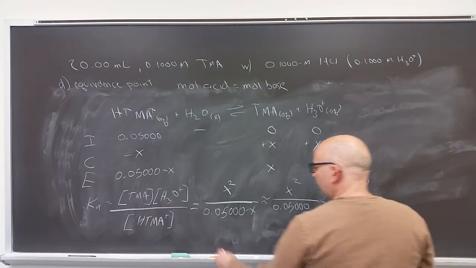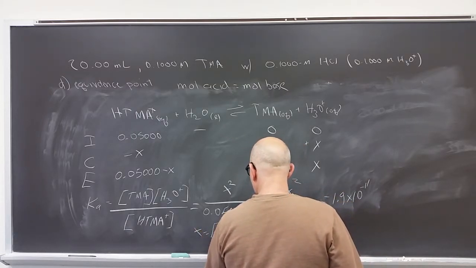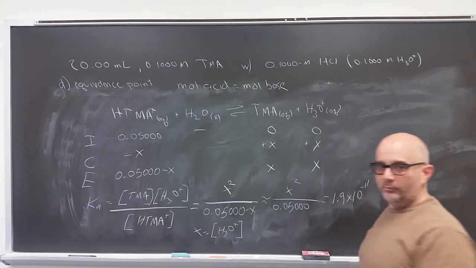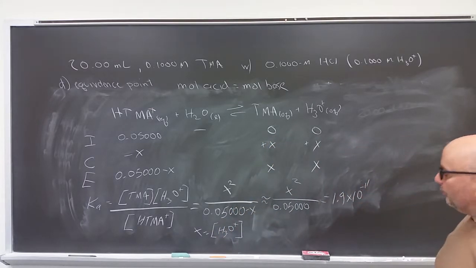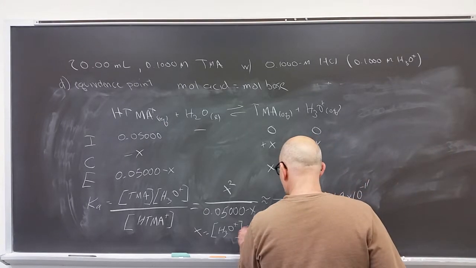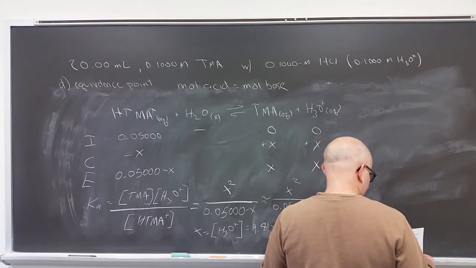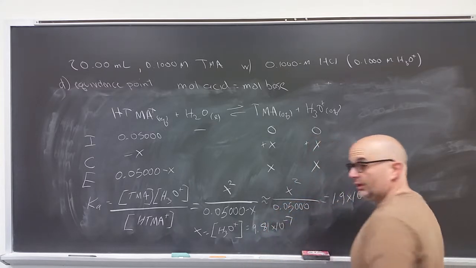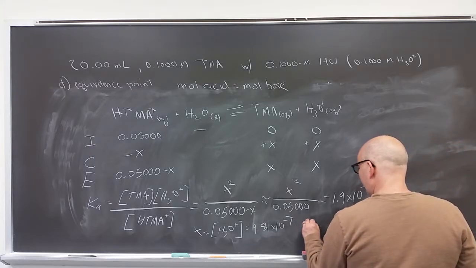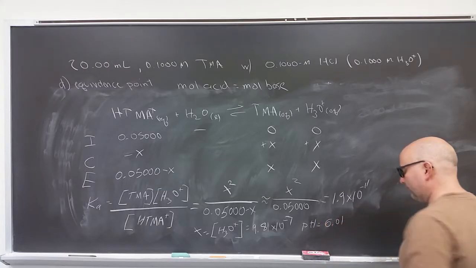So solving for x, which is equal to the hydronium concentration as well as the trimethylamine concentration, it ends up being 9.81 times 10 to the negative 7. And so that's going to correspond to a pH of about 6.01.